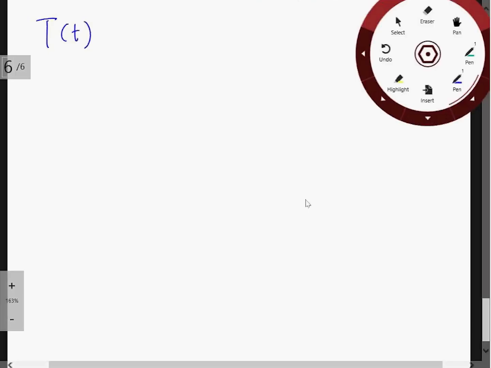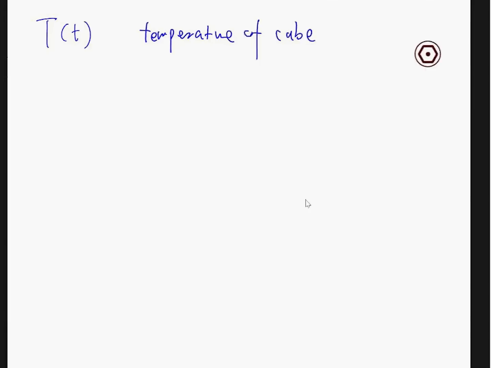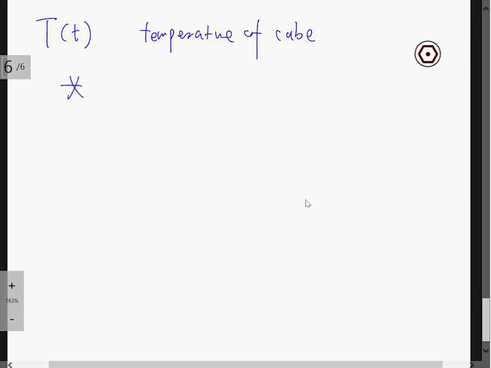So this is the temperature of the cube. Now we have the temperature of the cube. So what governs the temperature of the cube? What makes the temperature of the cube change? Heat convection. So we have heat convection that makes the change of the internal energy of the cube equal to what?